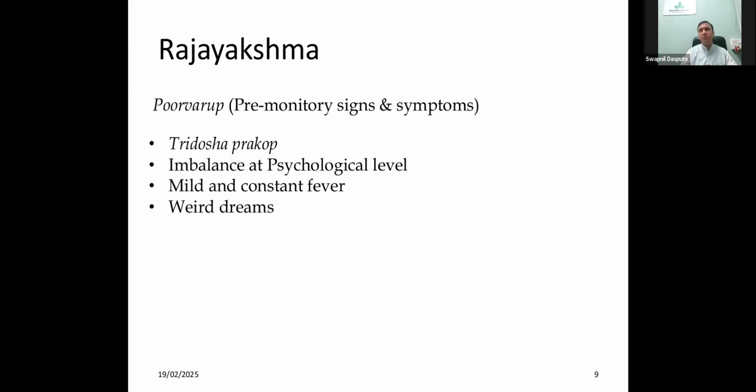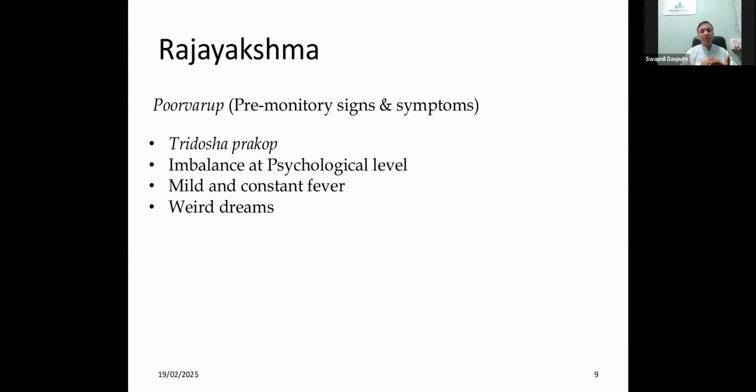Weird dreams. In the Purva Rupa of this particular disease, weird dreams are quite typically mentioned in the classical textbooks.